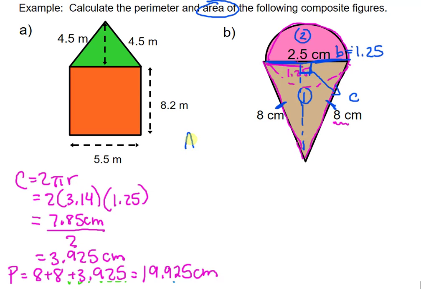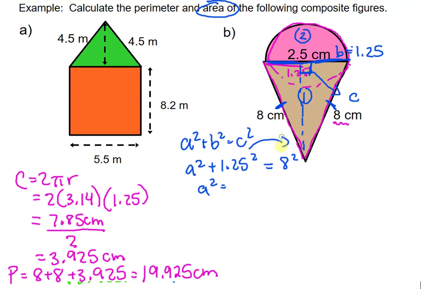So A squared plus B squared equals C squared. Okay, we don't know A, which is the height, but we know B, which is the base, and C equals 8 squared. Okay, so bring this over.